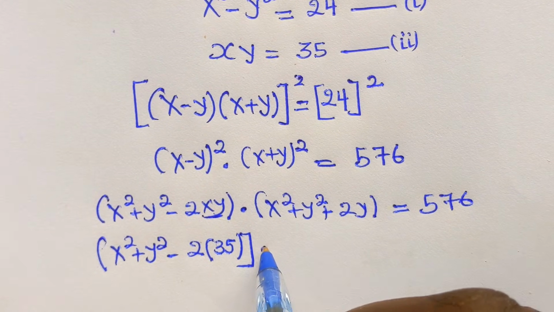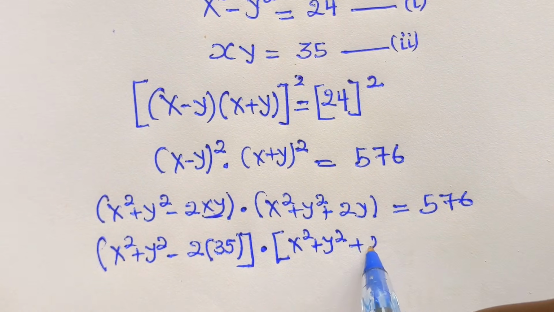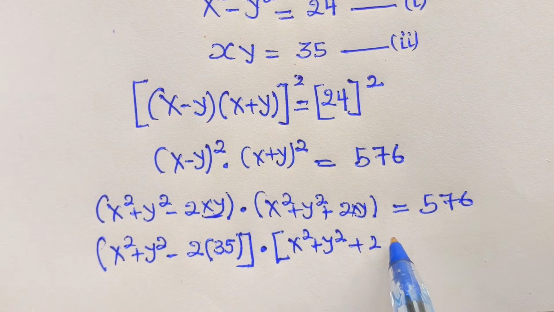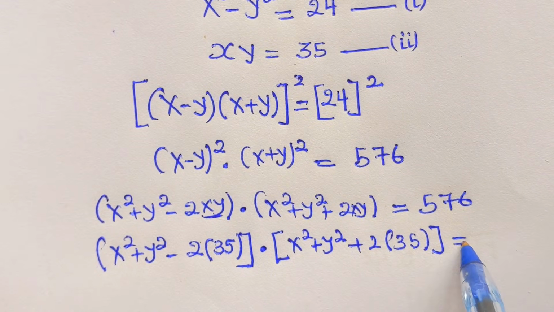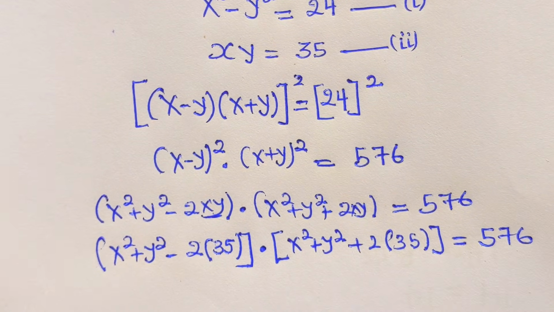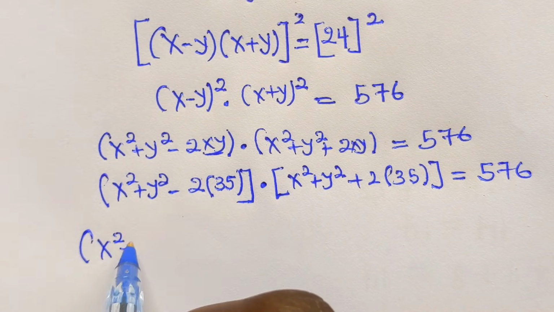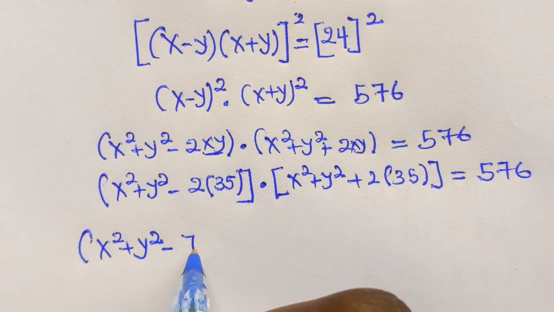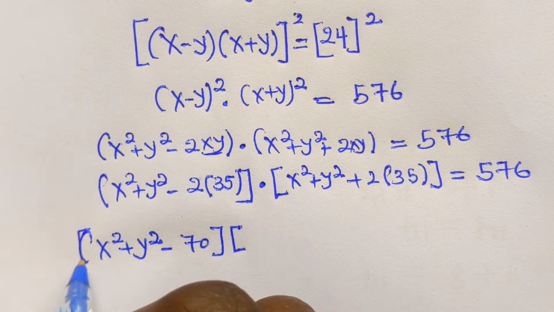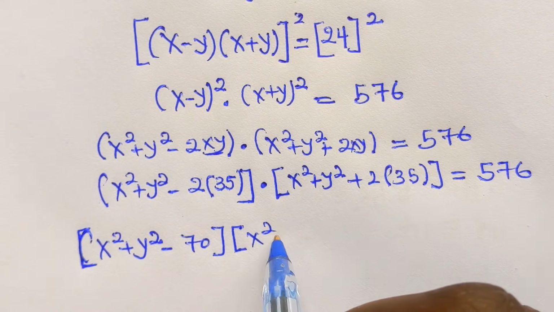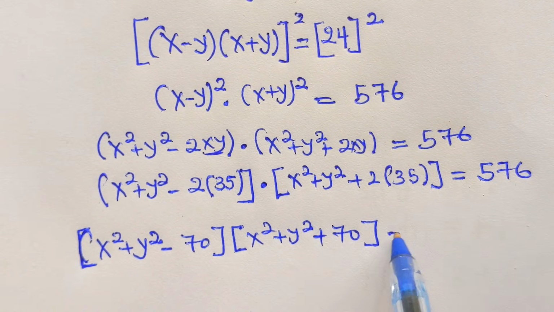So this will be (x squared plus y squared minus 70) times (x squared plus y squared plus 70), which equals 576.